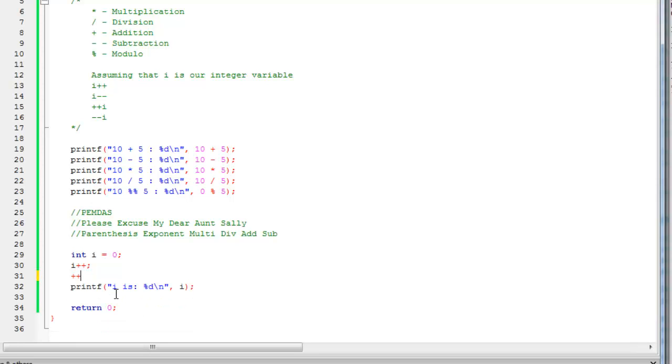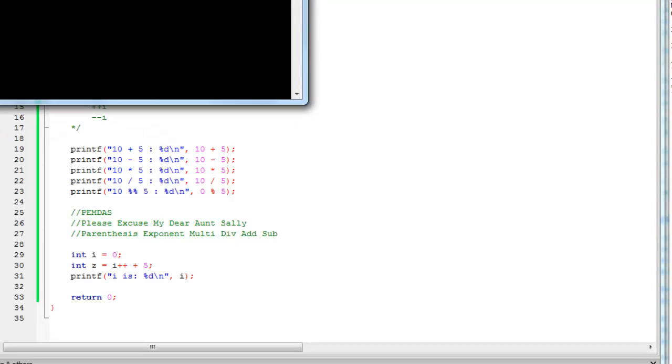Well, the answer is because they don't have the same precedence. So for example, let's make another integer. z is equal to i plus plus, plus 5. So at this point, i is equal to 0, and we're adding 5 to it.